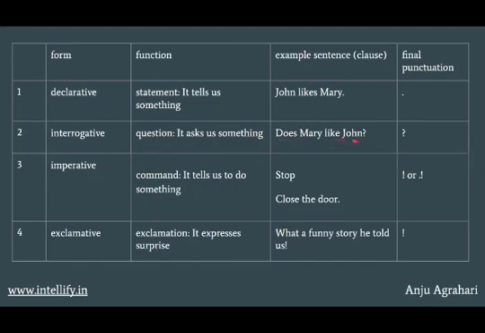It's a question mark. Imperative is a command, it tells us to do something. Stop. It can be stop with a full stop, or close the door. It can also be ended with an exclamation mark, and close the door with a dot. Exclamative expresses surprise. What a funny story he told us. It just ends with the exclamation mark.